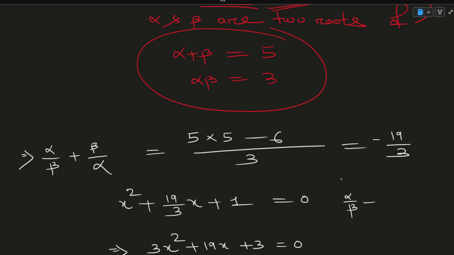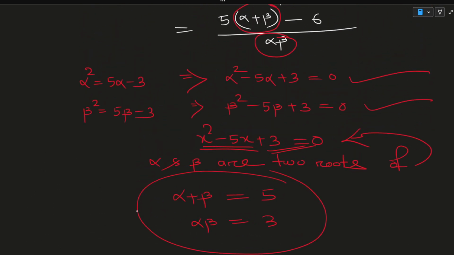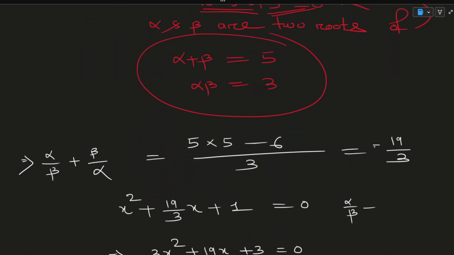So the general equation will be what? Alpha by beta plus beta by alpha is 19 by 3.